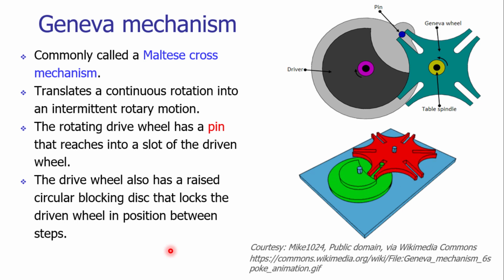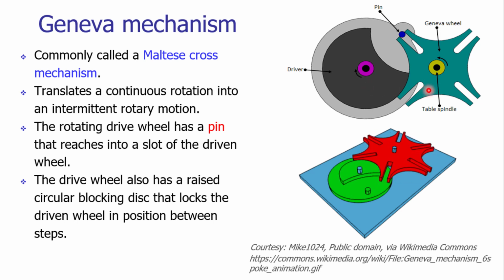For that purpose, we are using a simple arrangement, and that can be seen on your screen. It has a wheel that we call the Geneva wheel. On your screen, you can see a Geneva wheel which is designed to provide four intermittent rotary motions of the spindle. The Geneva wheel is mounted on the spindle, and on the same spindle the table will be mounted.